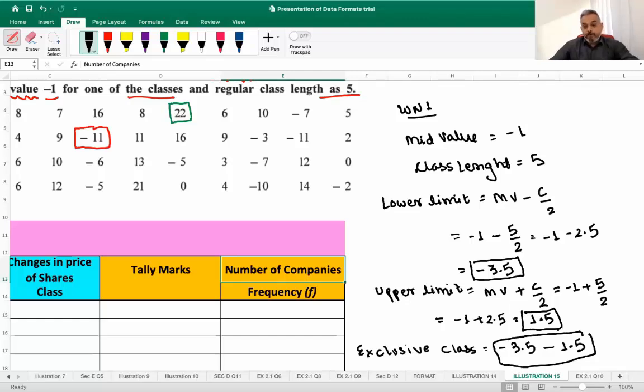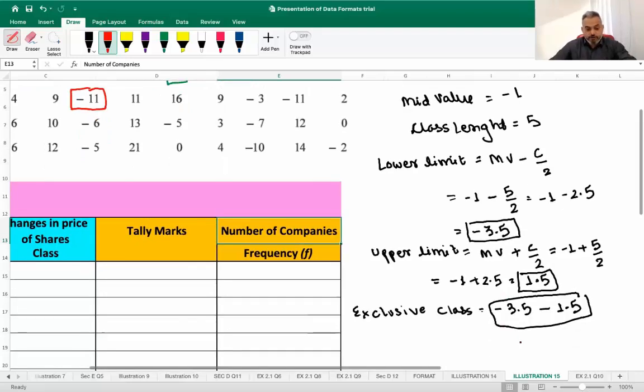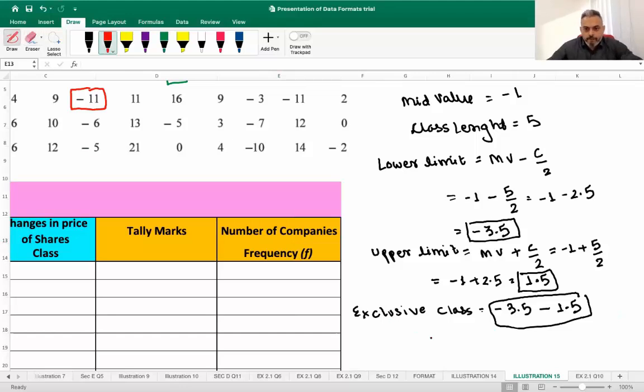Now, if we want to make it inclusive, we will add 0.5 to the lower limit and we will subtract 0.5 from the upper limit. Whenever we go from inclusive to exclusive, we subtract from the lower limit and add to the upper limit.